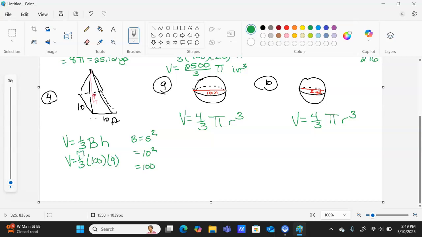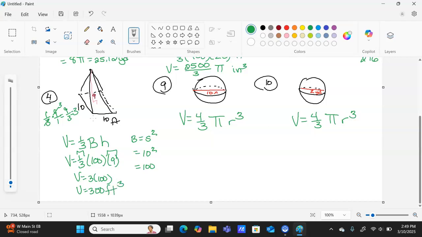Okay, 1/3 of 9. 9 over 3, that's 3. You could have seen here that it would cancel. So I get 3. 3 times 100 is 300 cubic feet.